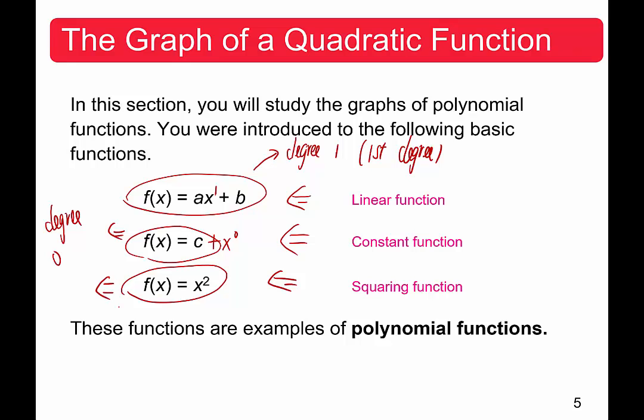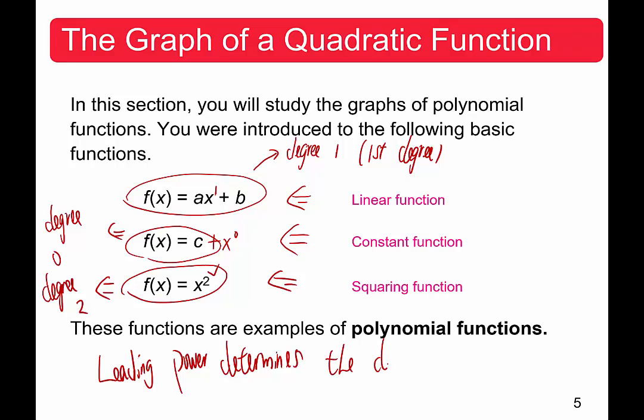And the third one is the second degree, or degree 2, because the leading power is 2. So the leading power determines the degree of the polynomial function.